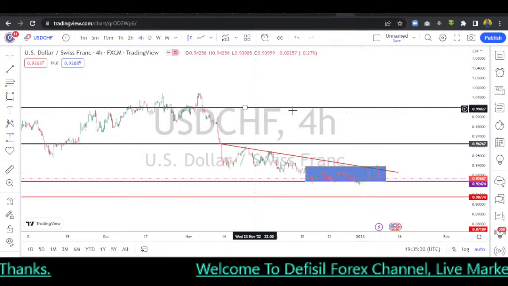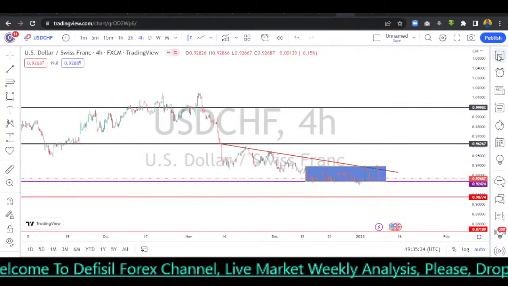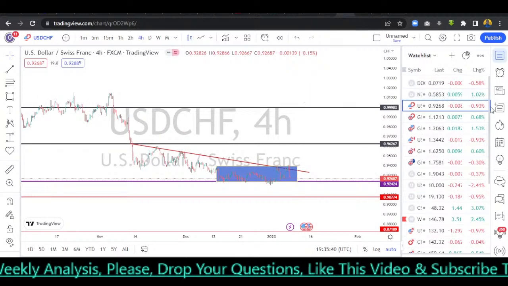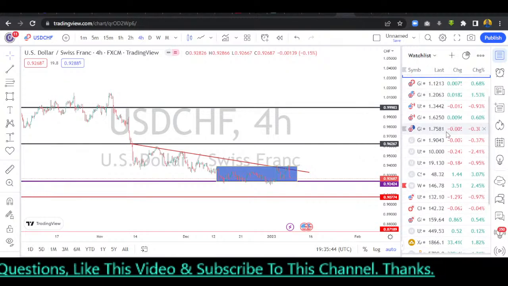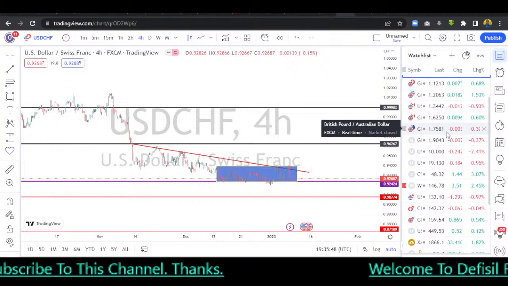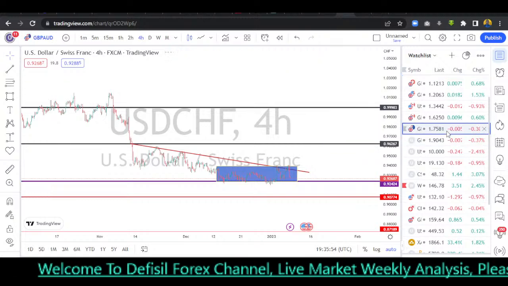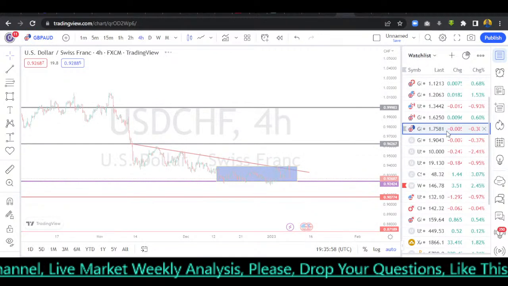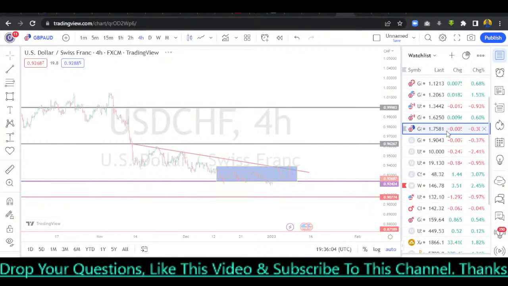Okay, so we have that on USD CHF for the week. Now let's move to another chart. This GBP AUD, GBP NZD. Let's work with GBP AUD because it has a similar correlation with GBP NZD. Let's work with that.